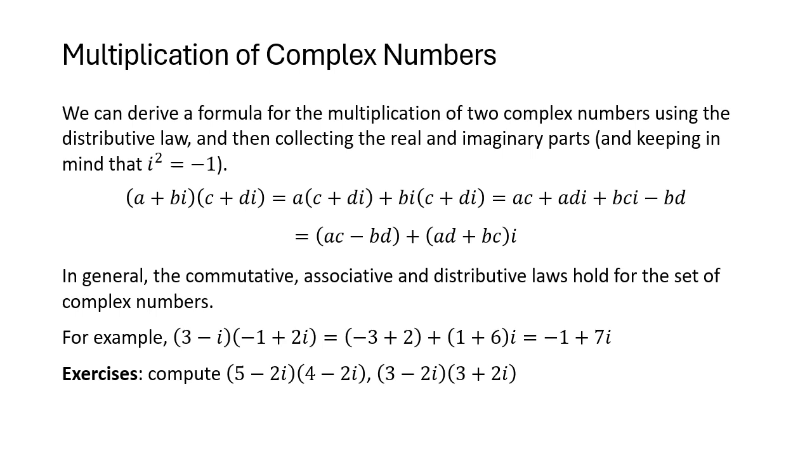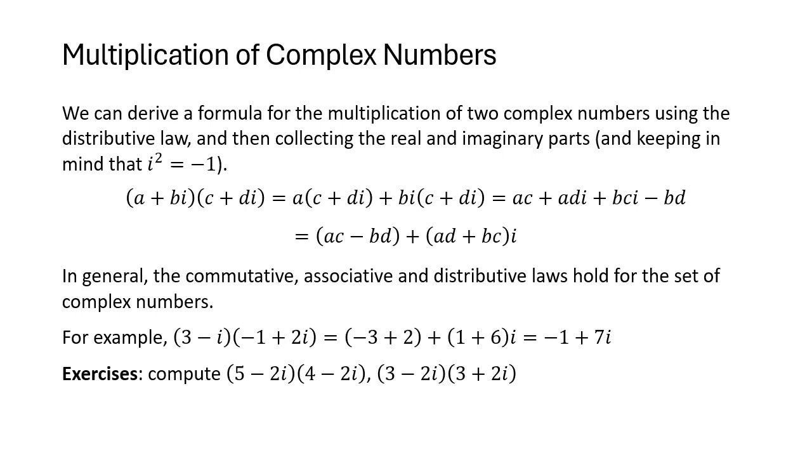So you multiply the a times c plus di, I'm just reading across the line there, and then the bi times c plus di. And you multiply each one of those out and you get AC plus ADI plus BCI minus BD. And then you can just collect the real and imaginary parts and you get AC minus BD being the real part of the product, and then AD plus BC being the imaginary part of the product.